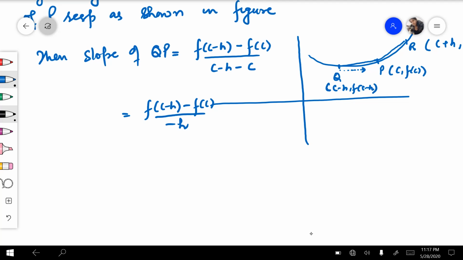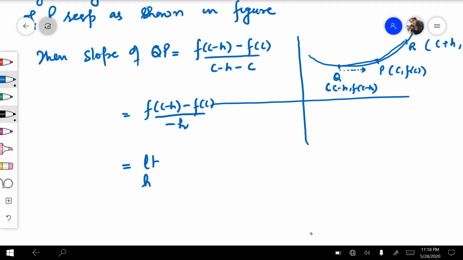So this equals limit h goes to 0, f of c minus h minus f of c upon minus h. What happens when Q is approaching P? Then h is tending towards 0.